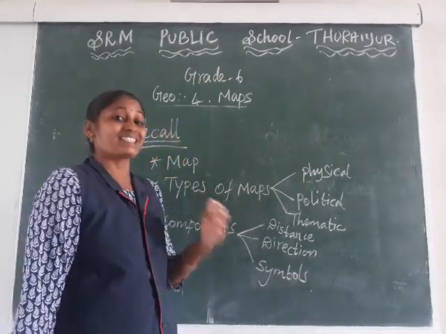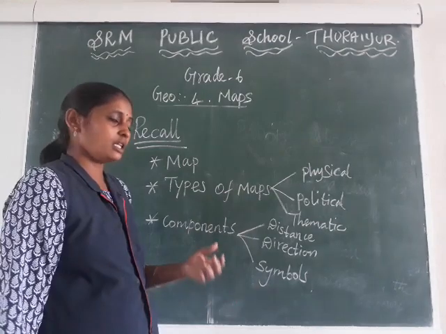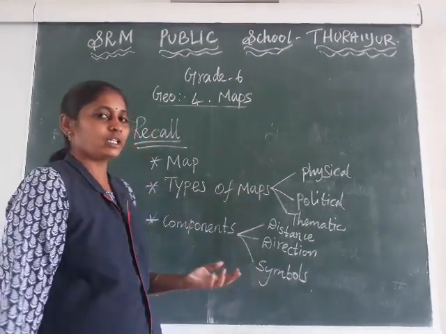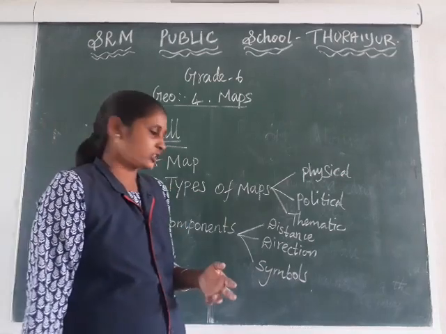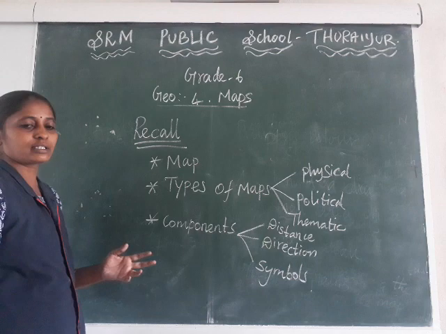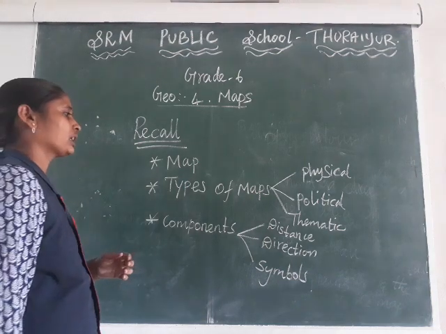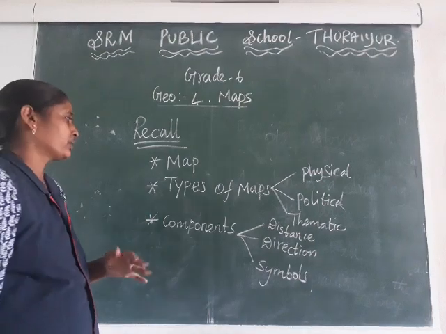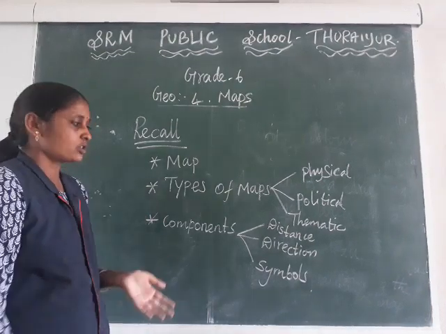In distance we discussed scale, large scale and small scale. In direction we discussed cardinal directions and intermediate directions, and then symbols. At last we discussed sketch and plan, rough map and planned map.